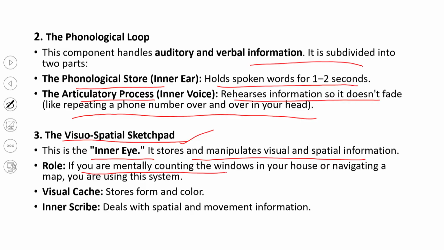If you are mentally counting the windows in your house or navigating a map, you are using this system. For example, if you close your eyes and work out which places are in which part of the map, you are using the visuospatial sketchpad. It deals with spatial and movement information. So, all the visual information is handled by the visuospatial sketchpad.